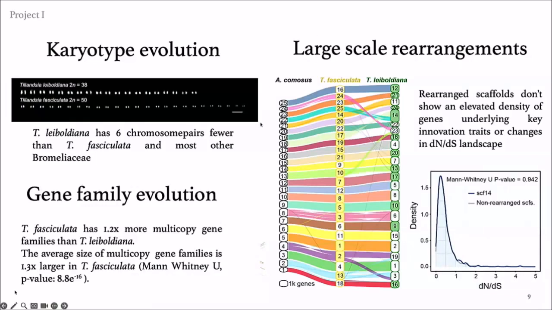But one thing that I wanted to know is whether we see any shift in, for example, in this case, the NDS values between the rearranged chromosome or scaffold and all the other scaffolds. So I plotted the distribution here, and you can see that you don't really see a shift.